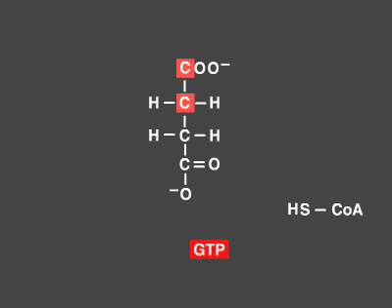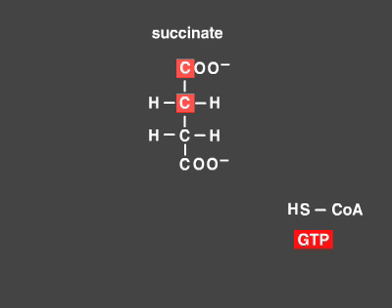The release of the coenzyme A group provides the energy to combine GDP and inorganic phosphate into GTP. Note that succinate is a symmetrical molecule. The two end carbons are chemically identical, and the two carbons in the middle are chemically identical. For convenience, we will continue tracing only the two carbons depicted in the upper half of the molecule.